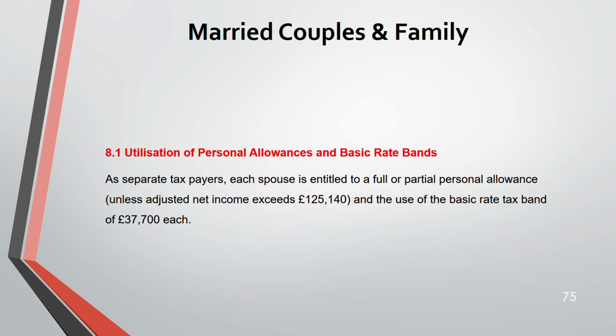So they both might get full or partial personal allowance depending on their adjusted net income. If it exceeds 125,140, you will not get anything. And how the spouses are using their basic rate band: each one of them will have 37,700 as their basic rate band.